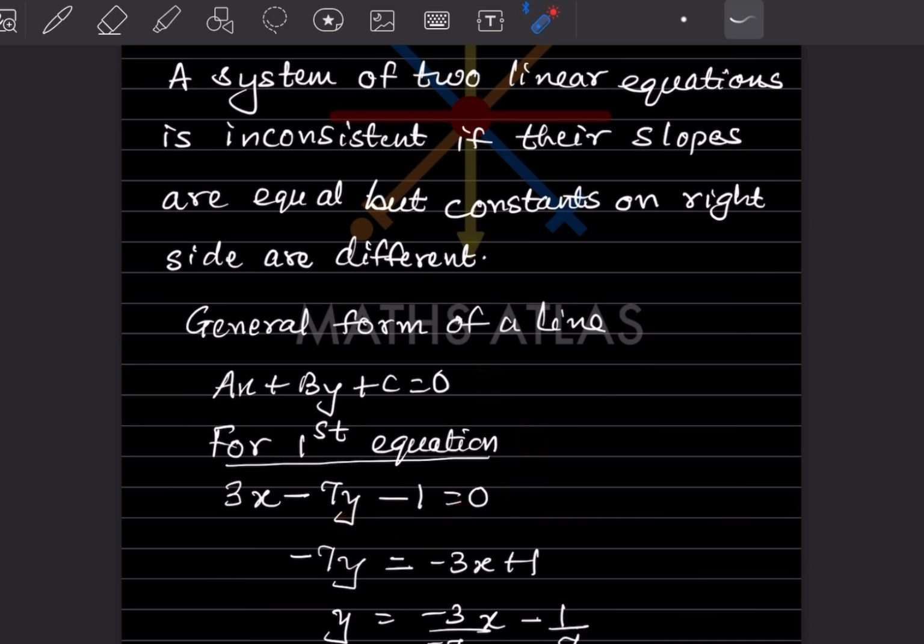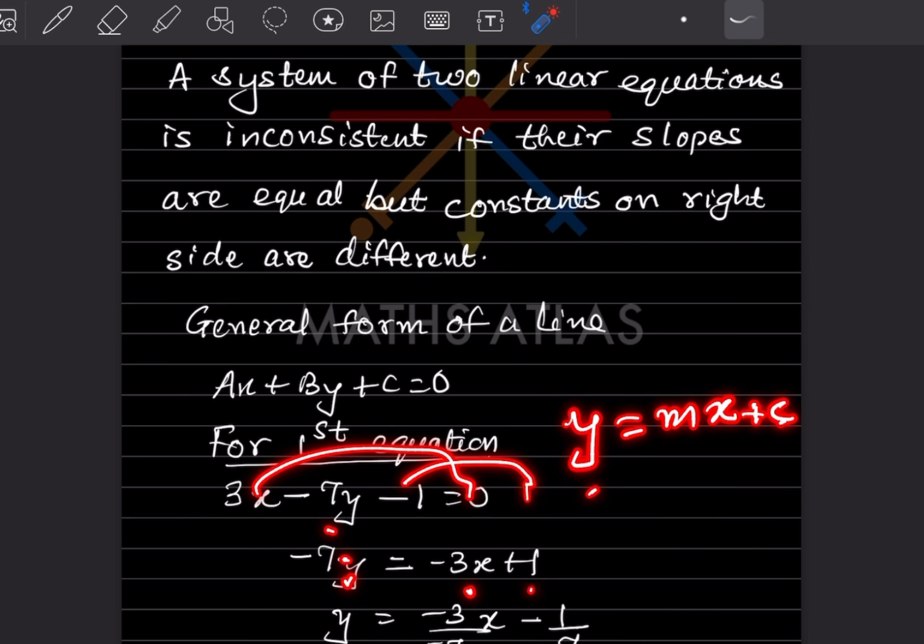Now whenever we want the slope, we bring this in the form of y is equal to mx plus c, that is the slope intercept form. So this is y, and if you take this on this side, that is going to be minus 3x, and this also on this side, that is going to be plus 1. So this step is important.